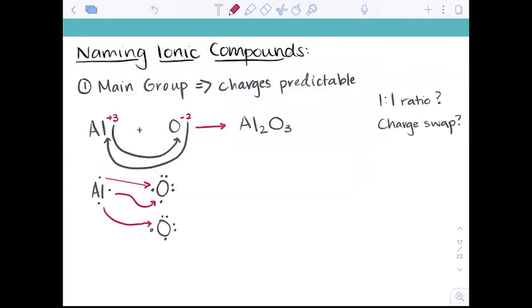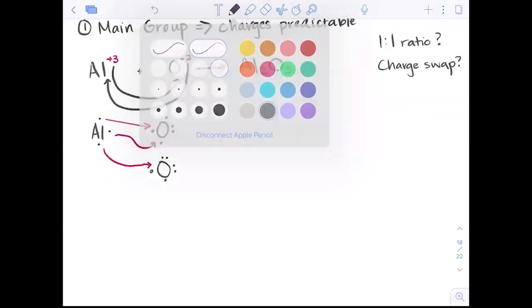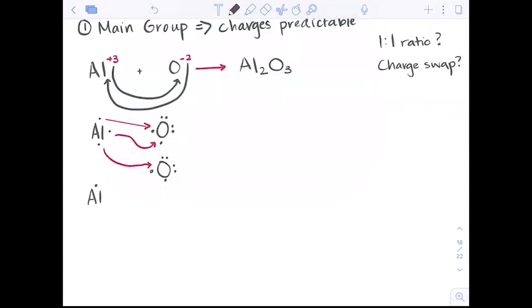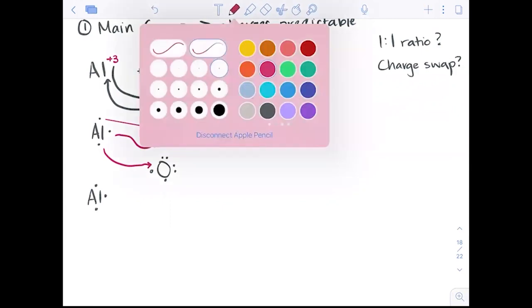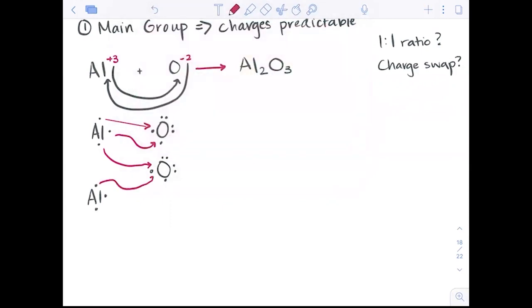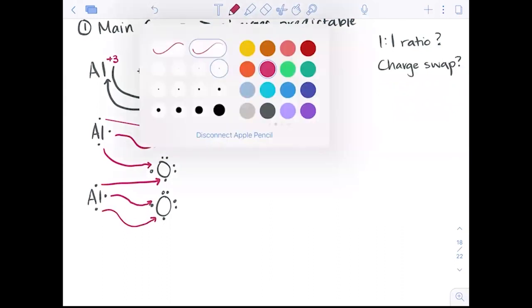There's another one, but now this oxygen needs another spot. Well, now we need another oxygen, and we see the light at the end of the tunnel. Why the charge swap works is it's trying to balance, right?